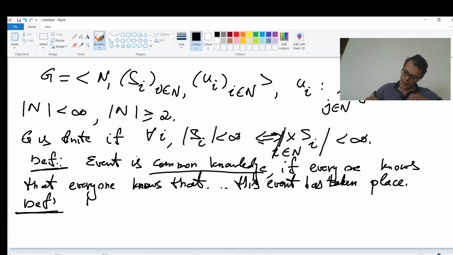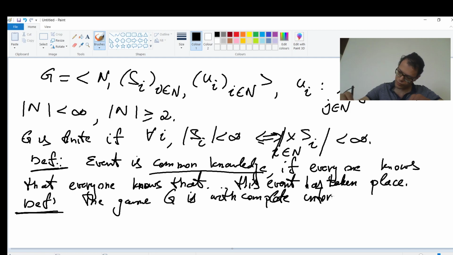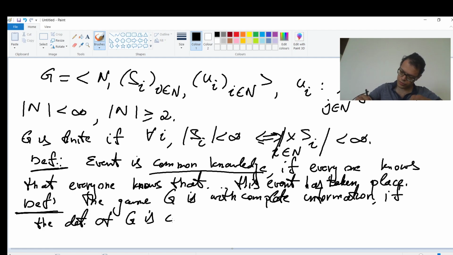So the game G is with complete information if the definition of G is common knowledge. Common knowledge among the players, of course.